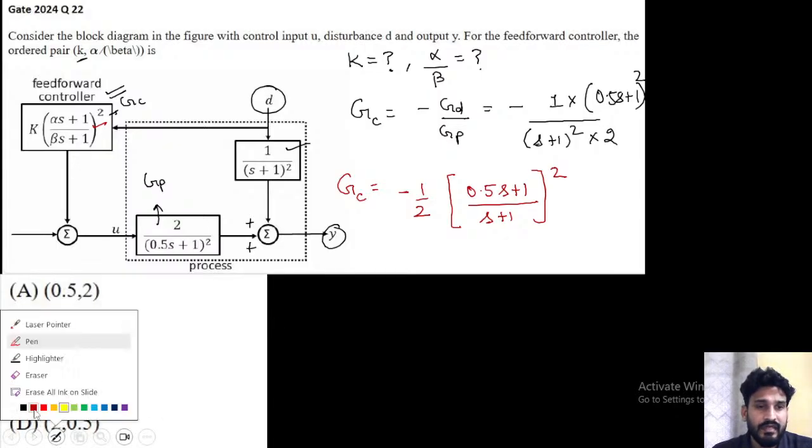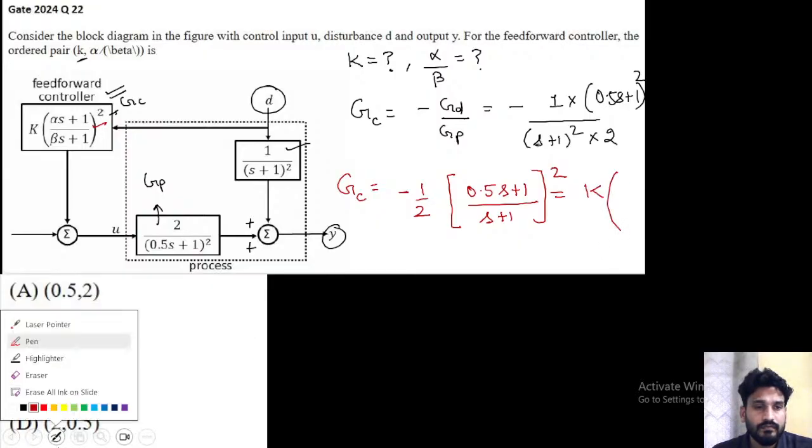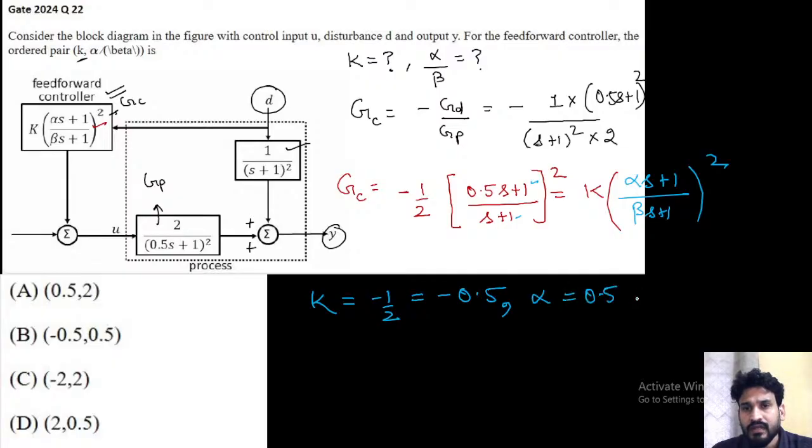What is the general format given to us? That is equal to K into alpha S plus 1 divided by beta S plus 1 and its whole square. Just make sure it is plus 1, plus 1. Yes, it is. What is my K? K is equal to minus half, it means minus 0.5. What is the alpha value? Alpha is 0.5. What is beta?